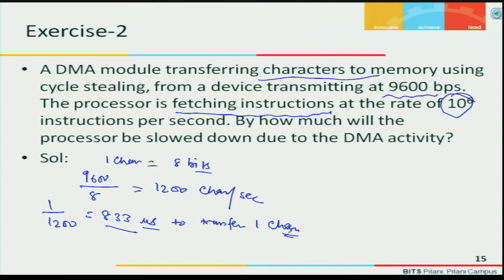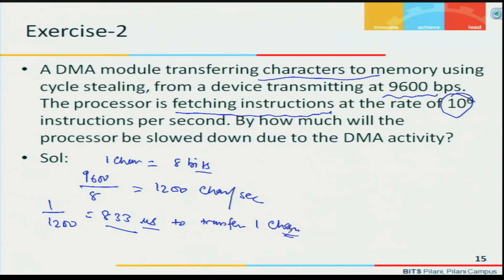So if the DMA is using cycle stealing, it means after every 833rd cycle, because one instruction is fetched in 1 microsecond, that cycle is stolen by the DMA.